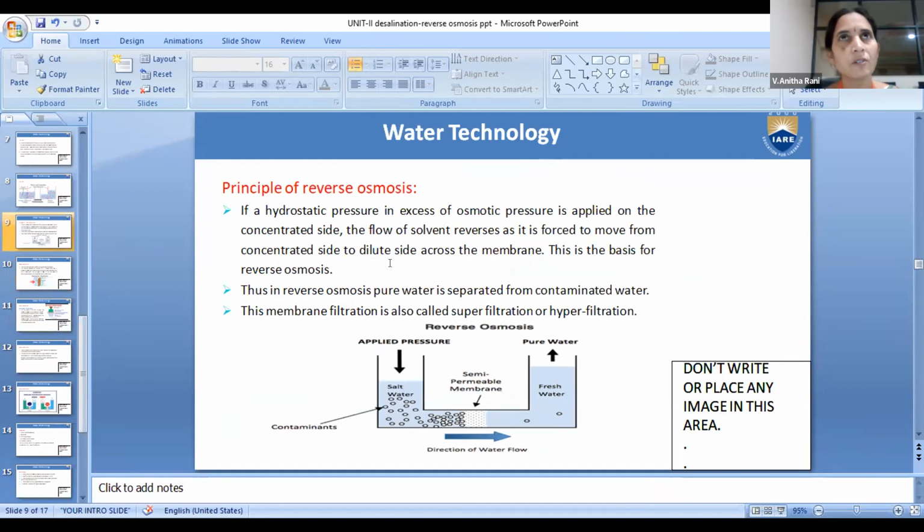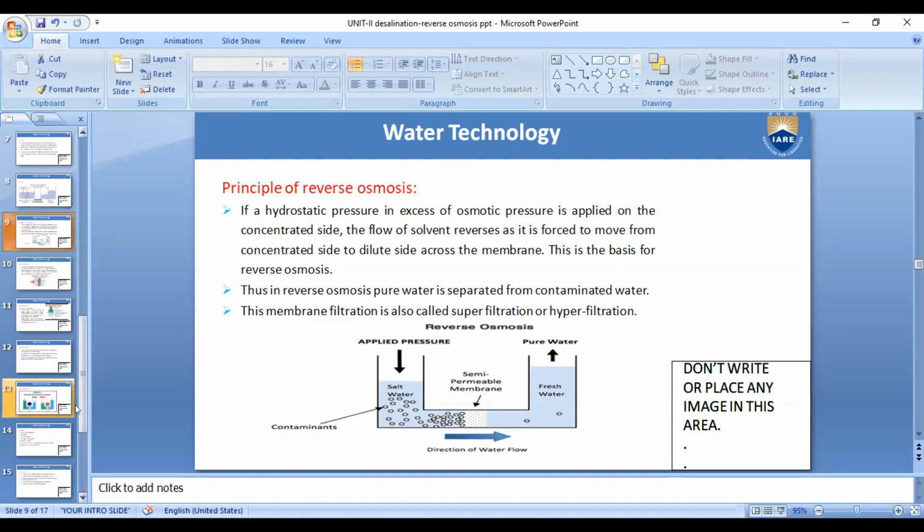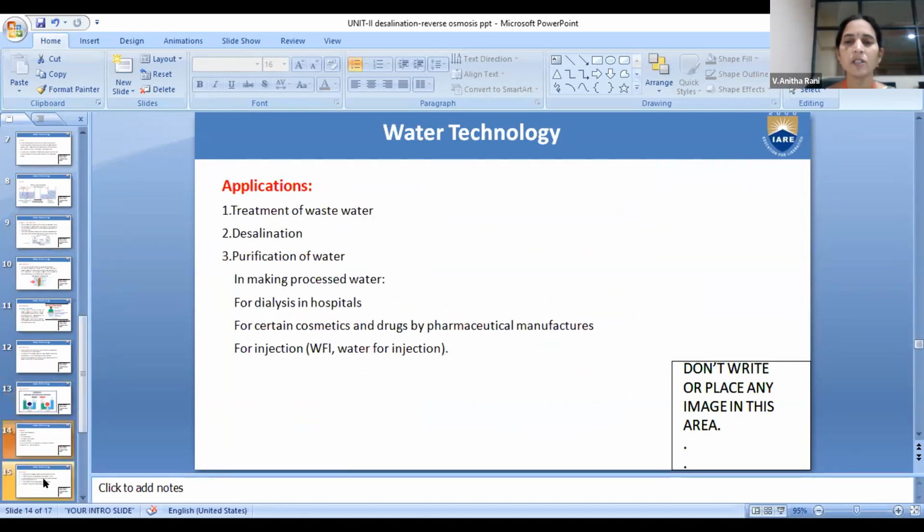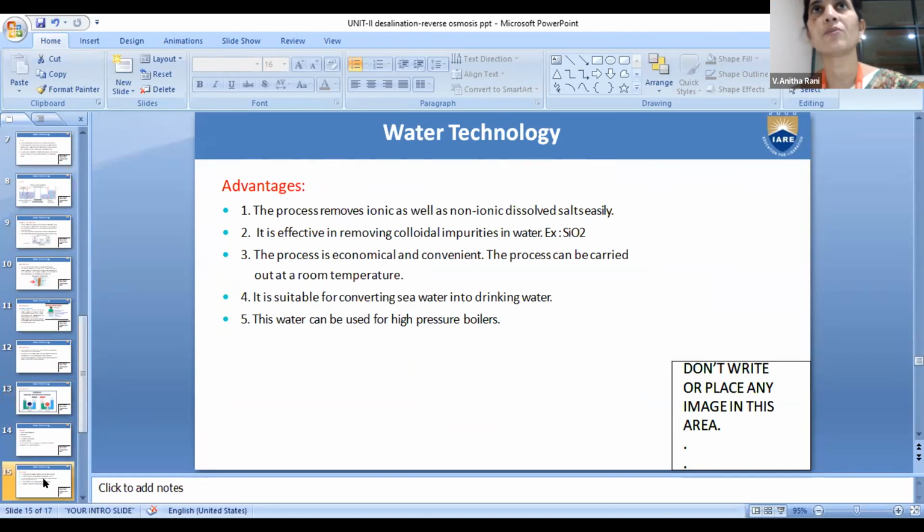Okay. The flow of solvent from higher concentrated solution to lower concentrated solution through a semi-permeable membrane by applying extra pressure. By applying extra pressure, we can flow the solvent from higher concentrated solution to lower concentrated solution through a semi-permeable membrane.